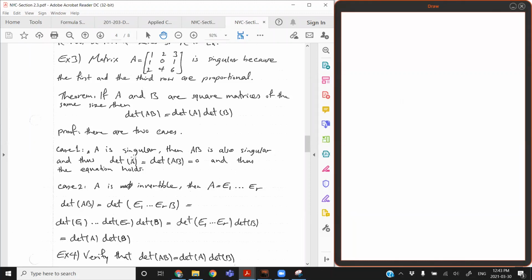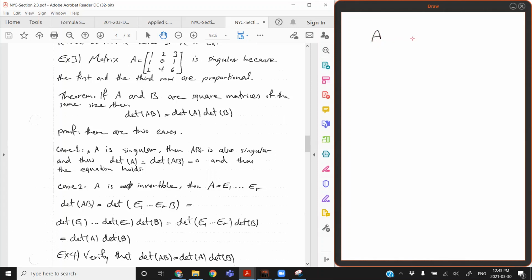If A is singular, that is, if A is not invertible, then automatically AB is also not invertible. Because if you remember, we said that if you have a matrix A that is not invertible and you're using this singular matrix in any product, that product is going to be singular.